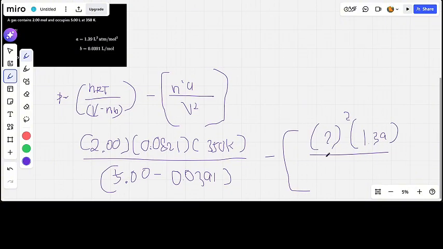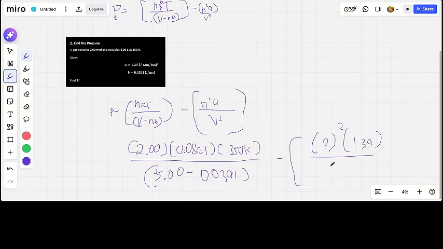Let me just pause this. V squared is 5.00 squared. Right, so we're gonna put that in a scientific calculator.